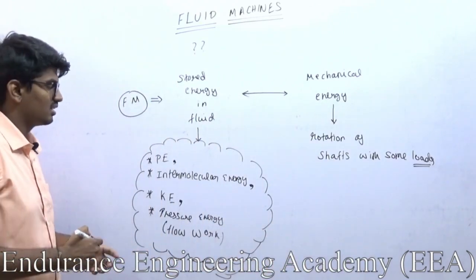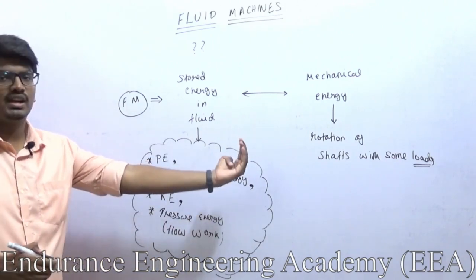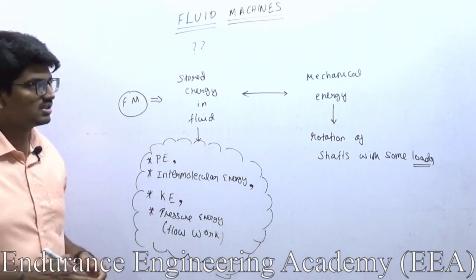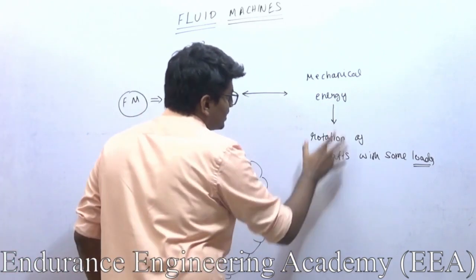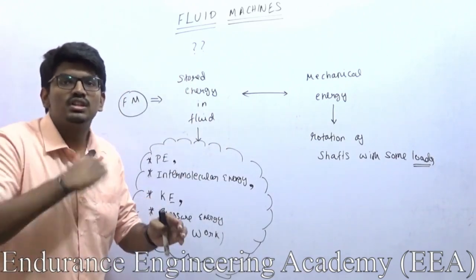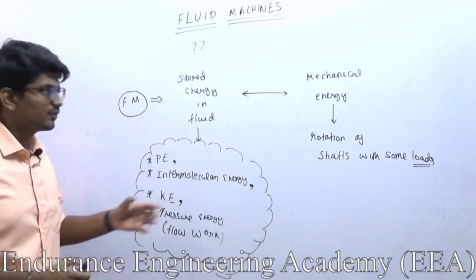It's very simple, right? So energy in fluid will transfer to mechanical energy, which is nothing but rotation of shafts. Or else, sometimes rotation of shafts, that is mechanical energy, will be converted back to fluid energy. I will be rotating the shafts and converting it into fluid energy.